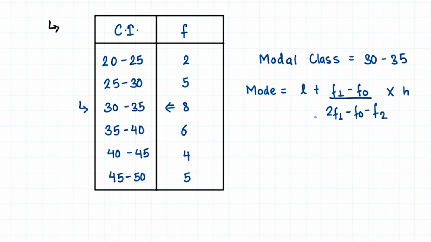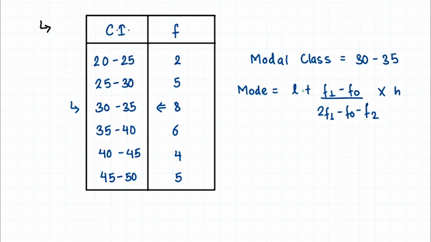And that's our formula. So we have mode is equal to L plus F1 minus F0 divided by 2F1 minus F0 minus F2 times H, okay? Now, what are these terms, right? So this L is the lower limit of our modal class, okay? So our modal class is 30 to 35. Our lower limit is 30, okay?